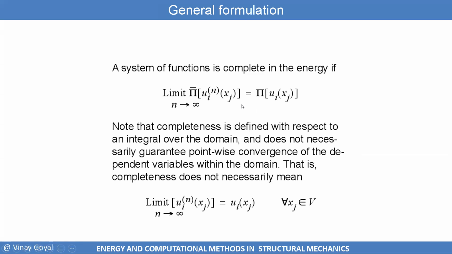So completeness really is defined with respect to the integral over the domain and does not necessarily guarantee pointwise convergence of the dependent variables within the domain. So that does not necessarily mean that when you increase the number of constants or unknowns, this will give you pointwise convergence. But what it really means is that the energy will converge to a minimum value.